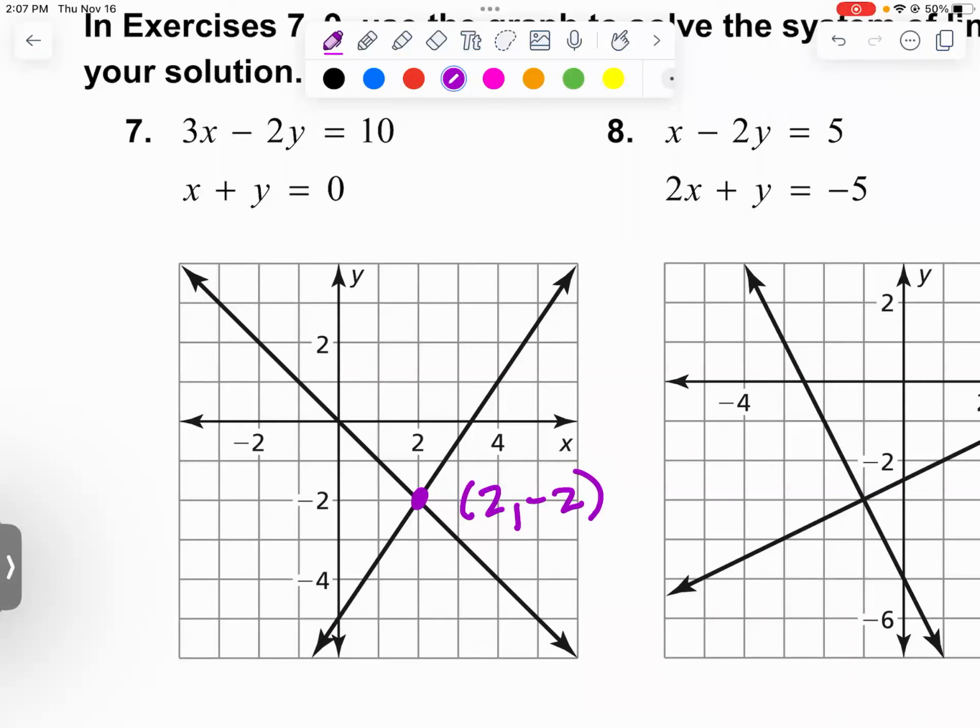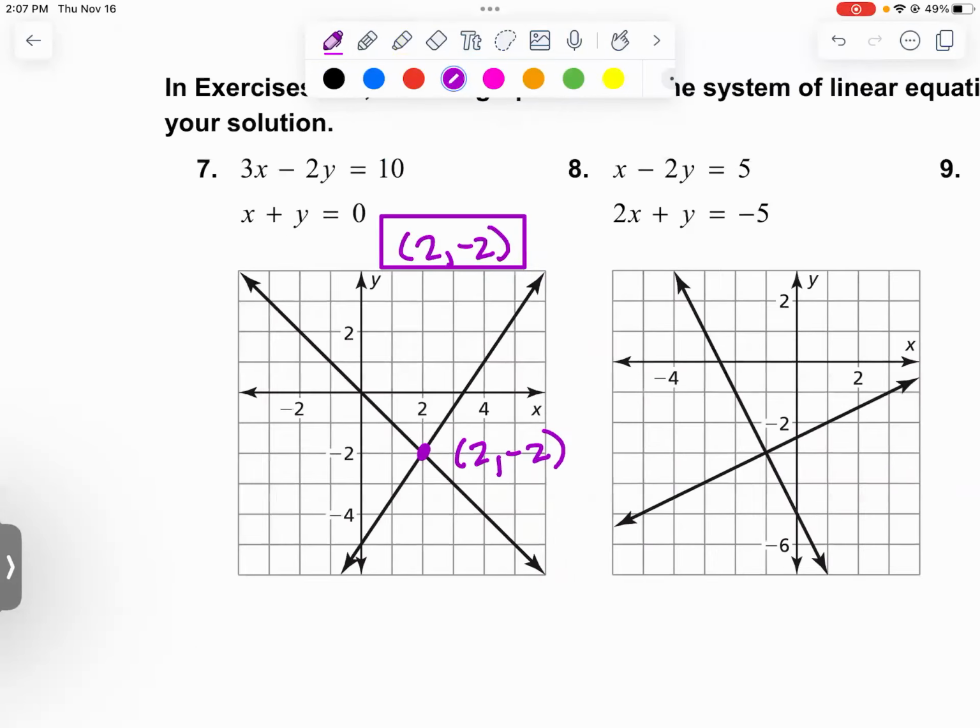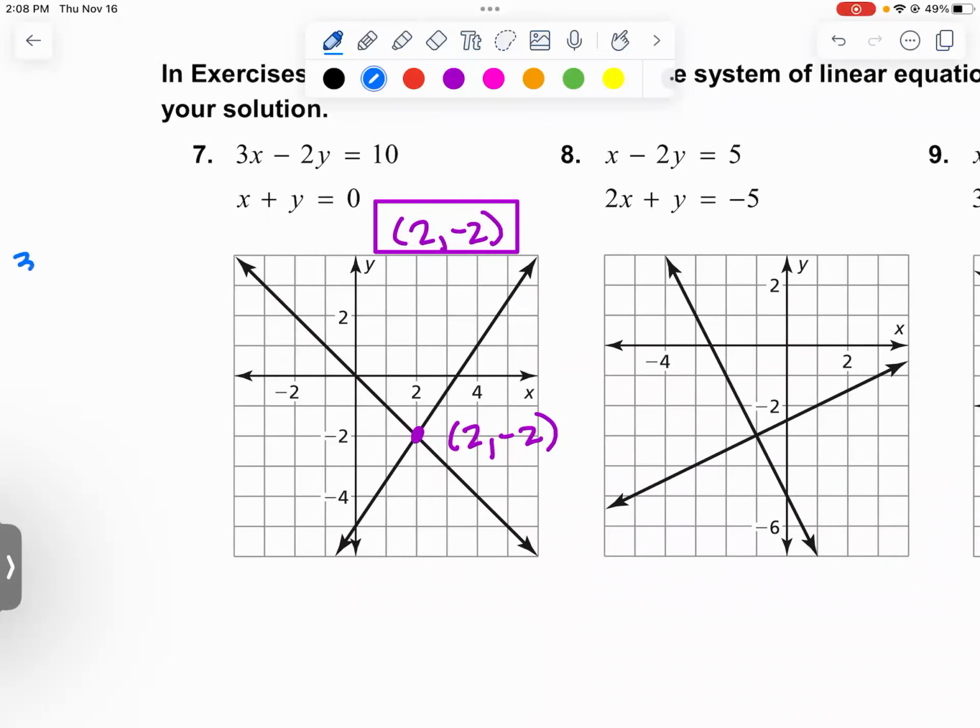So our answer would be (2, -2) as long as we double check, right? 3x minus 2y, does that equal 10? Yes, because we'd get 6 plus 4. X plus y, does that equal 0? So our answer is good to go.